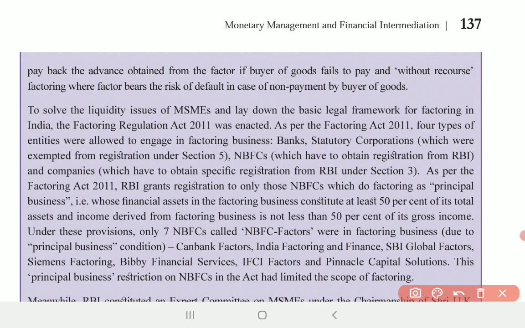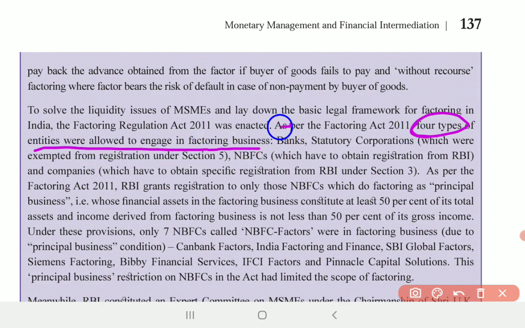To resolve the liquidity issues in MSMEs and lay down the basic legal framework for factoring in India, the Factoring Regulation Act 2011 was enacted. According to this Factoring Act, 4 types of entities were allowed to engage in factoring business.